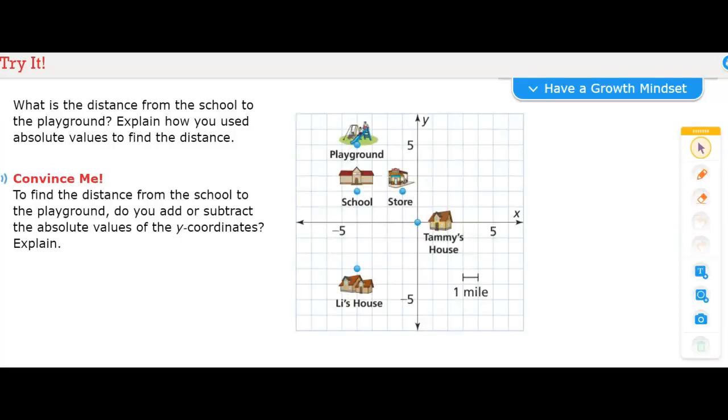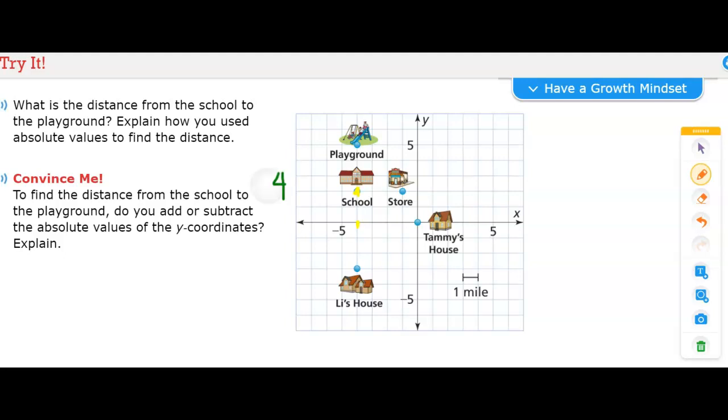What is the distance from the school to the playground? Explain how you used absolute values to find the distance. We have the school at, let's see, 1, 2, 3, 4, and 1, 2, so 4 and 2.